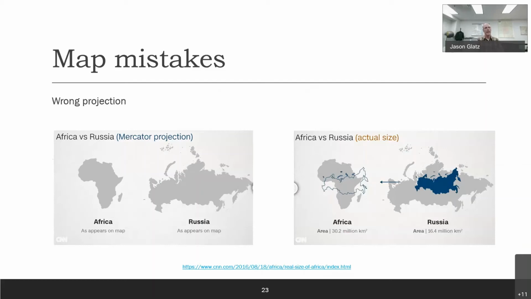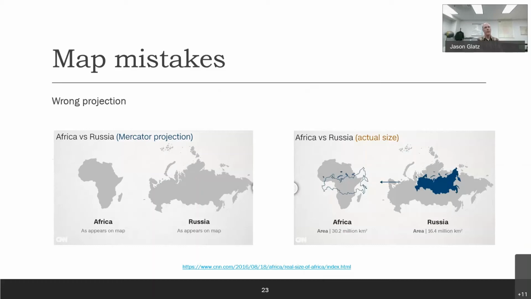The Mercator projection, by the way it's designed, distorts the area of countries and continents the closer they get to the poles. So in this case, Russia, in a Mercator projection, appears to be much larger than Africa, which is not true in the real world.